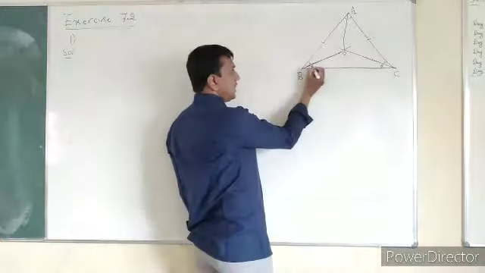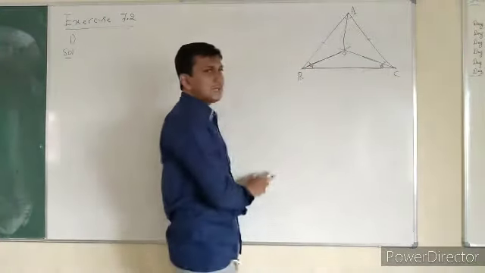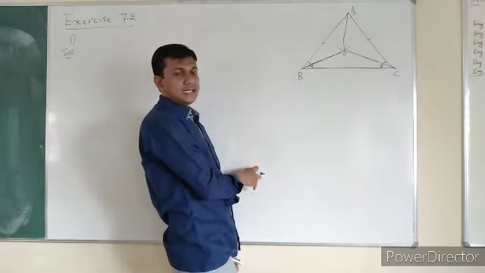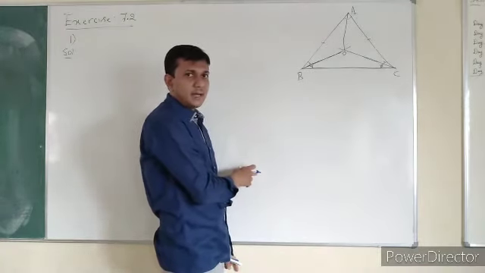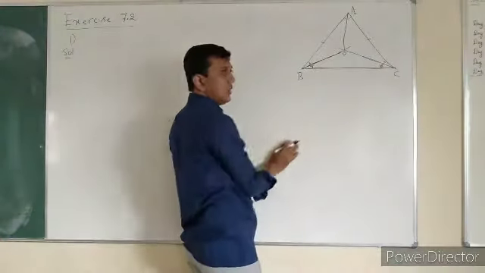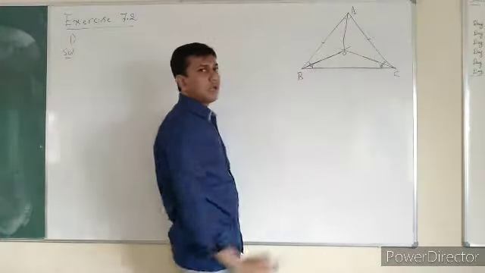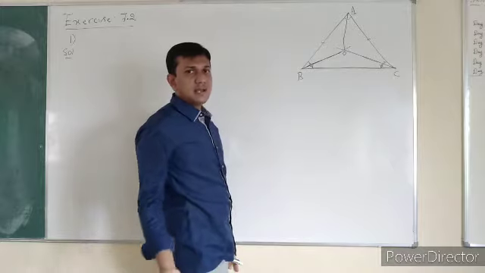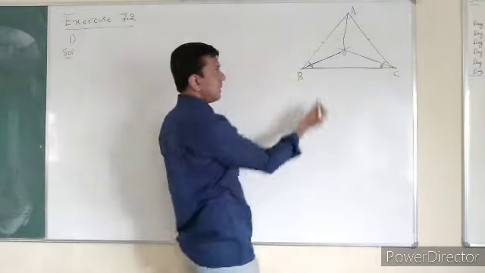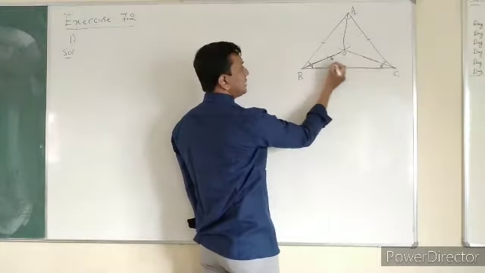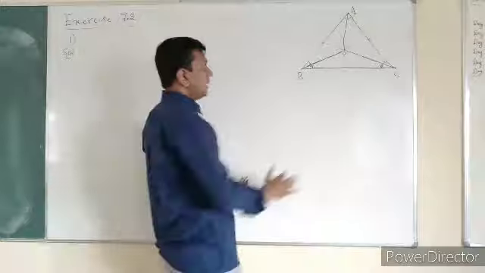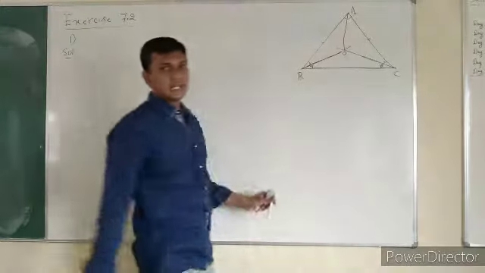Now these two angles are equal. By which theorem, 7.2 or 7.3? If these two angles are equal, these two sides are also equal. That is the converse of the 7.2 theorem, the 7.3 theorem we are discussing here. With that theorem I can say that these two sides are equal. So the first proof is done. The only thing is we have to prove these two triangles are congruent.